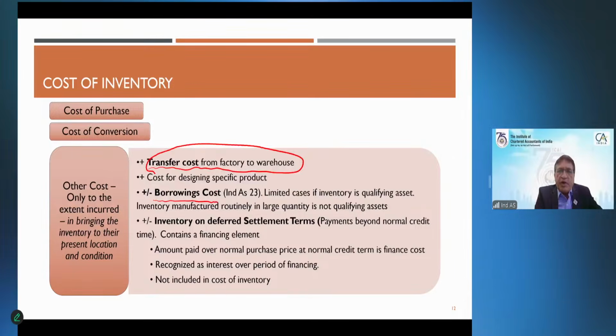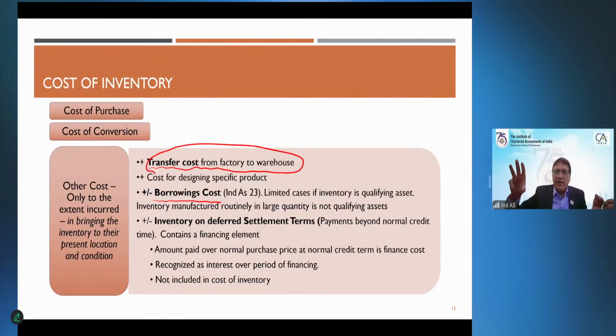Borrowing cost is important. Normally, as per Ind AS 23, the capitalization method relates to a very long project where you have incurred interest or borrowing cost, and the amount can be capitalized to PPE. That is what we have learned.